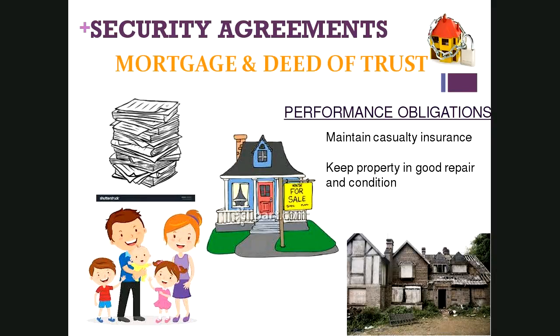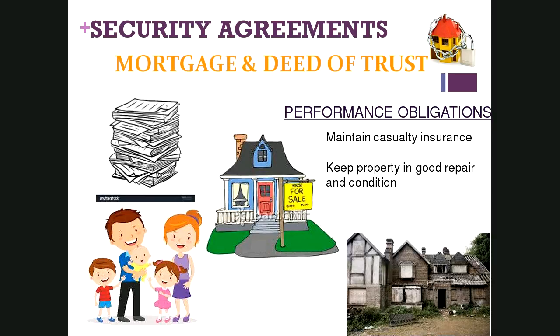So another one is to keep the property in good repair and condition. So the bank's going to say, you must keep this property up. You must keep this house looking nice. You must keep this building in good condition. Because again, the bank wants to protect itself. It wants to make sure that the property has value because that's their collateral.